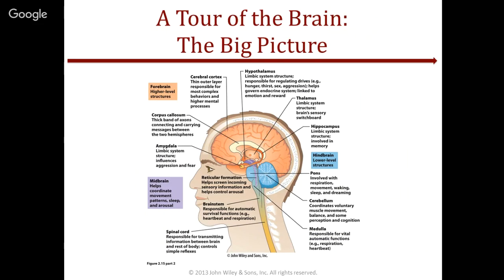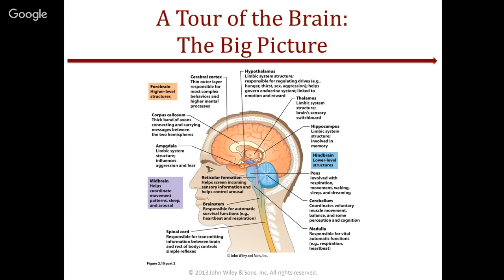On this particular slide, we're going to look more in depth at the brain. I'm not necessarily going to get very deep in this lesson on the brain, but we're going to look at some of the main points. Let's look at our three main areas.